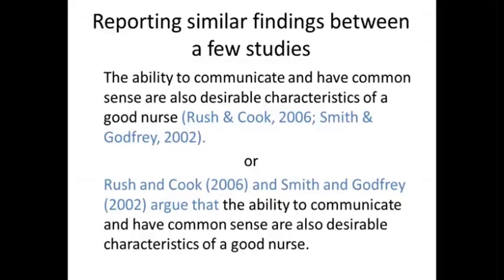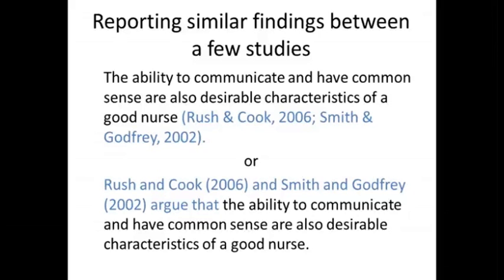You may also find when you're reading through the research literature that just a few studies have similar findings. When you set these up, it's very similar to a paraphrase of one source. So for example, 2 studies found that the ability to communicate and have common sense are desirable characteristics of a good nurse.